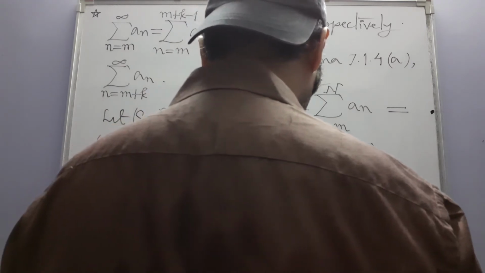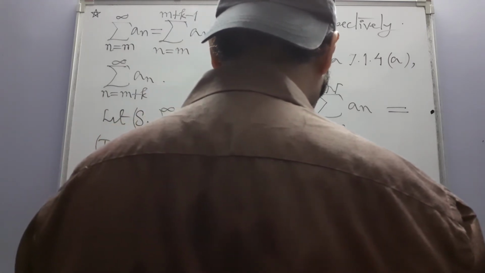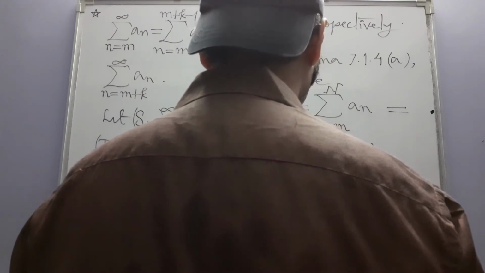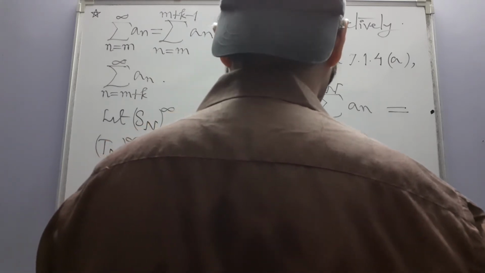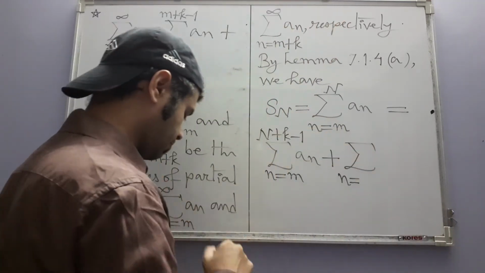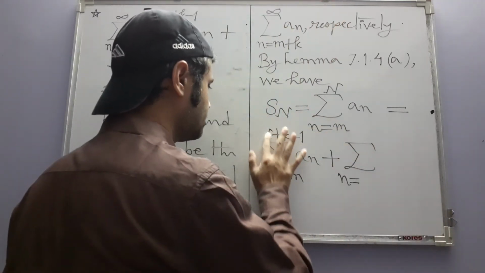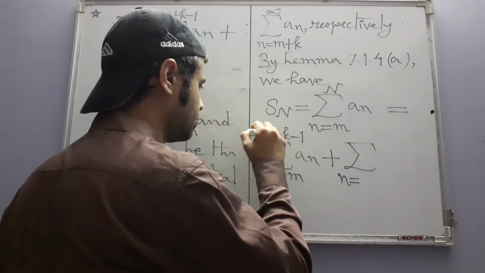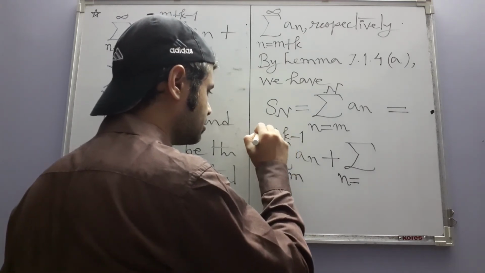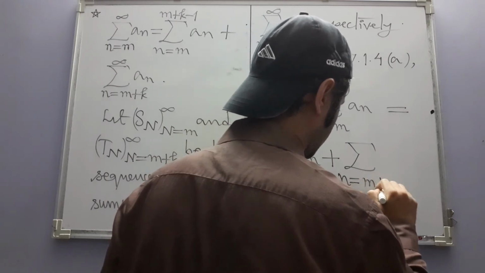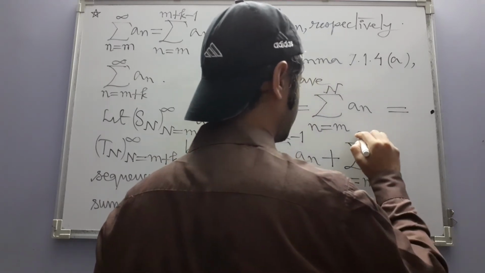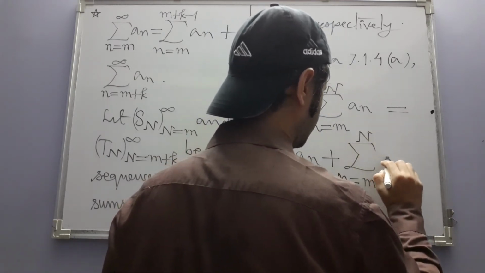Things are getting tangled up here. Okay, so here also it seems like I have made a mistake. Let me just replace this n with small m plus k to n.